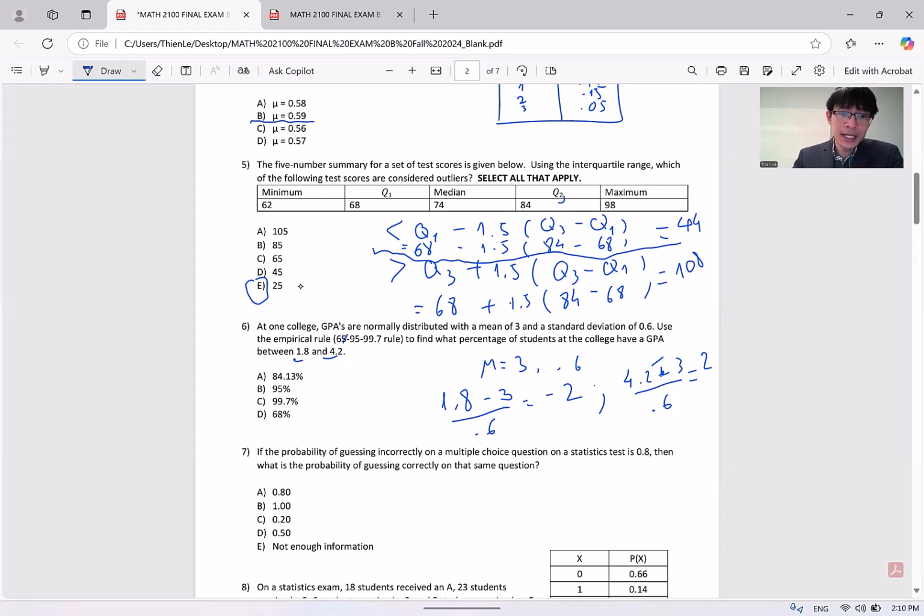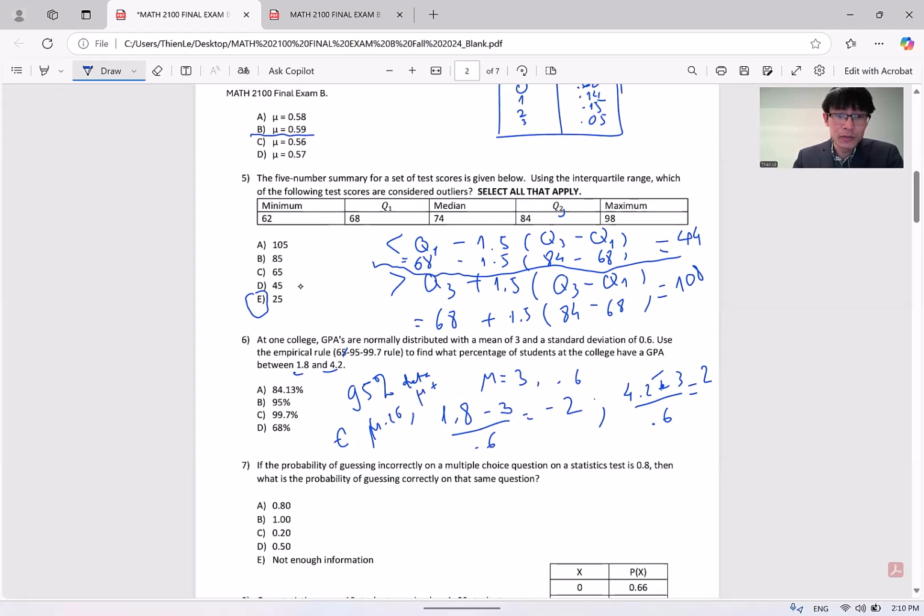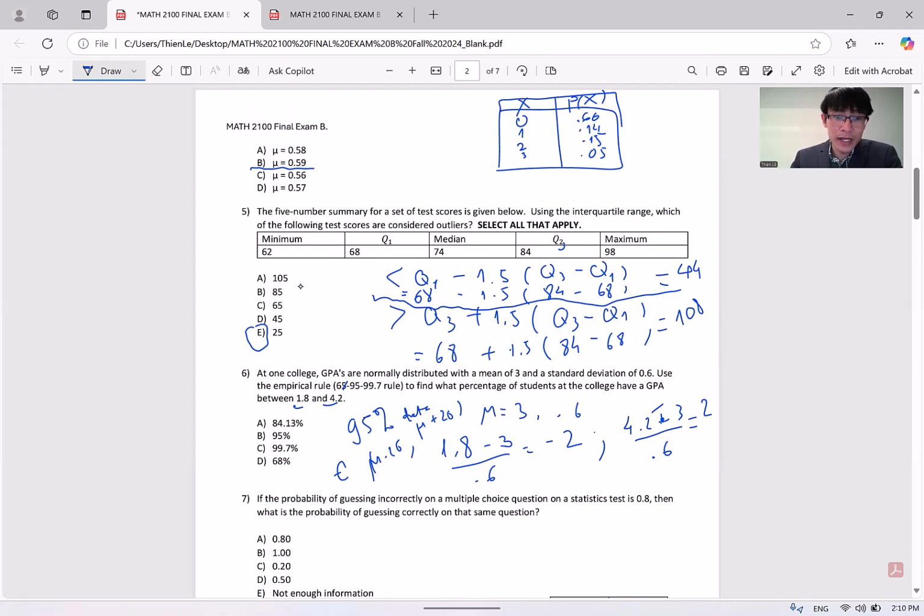So it tells us that 95% of the data will belong within 2 standard deviations of the mean, right? Mu subtract 2 sigma and mu plus 2 sigma. So in this case, mu subtract 2 sigma is just 1.8 and mu plus 2 sigma is 4.2.